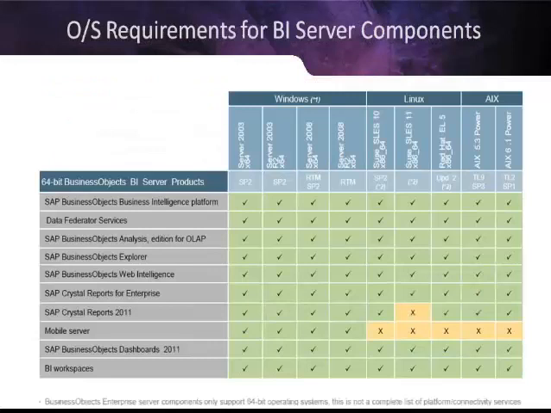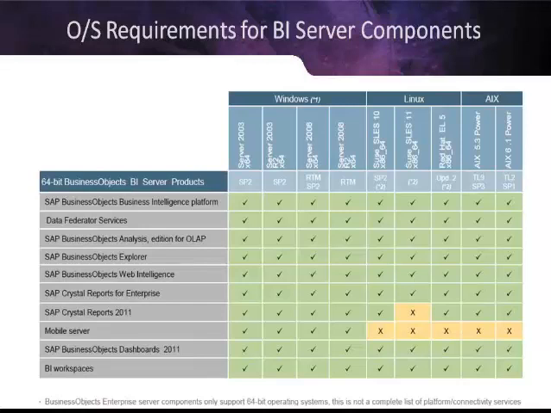On this next slide, we see the product availability matrix for the Business Intelligence Server. As you notice, the operating systems listed across the top are all 64-bit operating systems. So this is a fully 64-bit deployment.